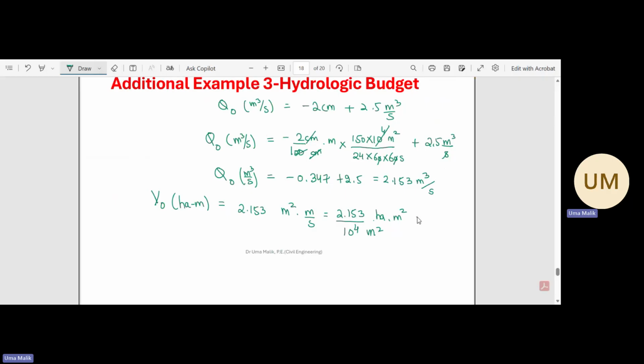So we will be multiplying it with 24 into 60 into 60 seconds.